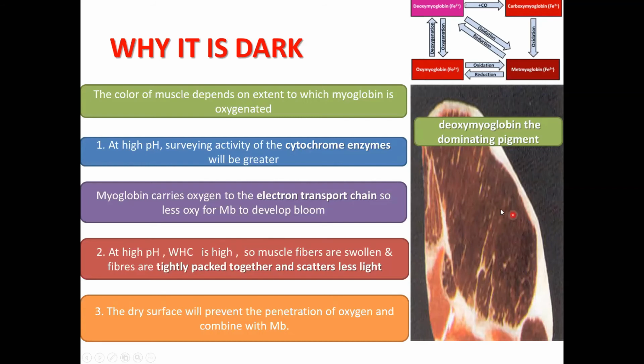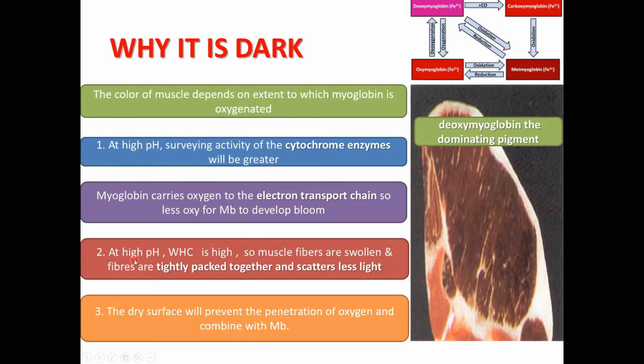Most of the oxygen that comes here is utilized by the cytochrome enzymes, so there is less oxygen for the myoglobin to form oxymyoglobin, which in turn gives the cherry red color. The oxygen availability for the myoglobin will be reduced.